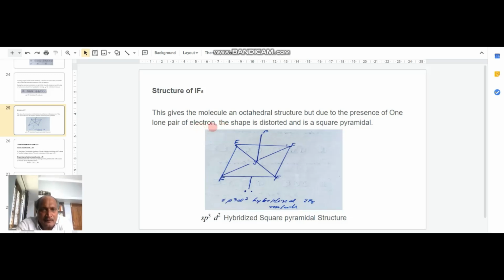This lone pair is indicated in the diagram at the bottom.